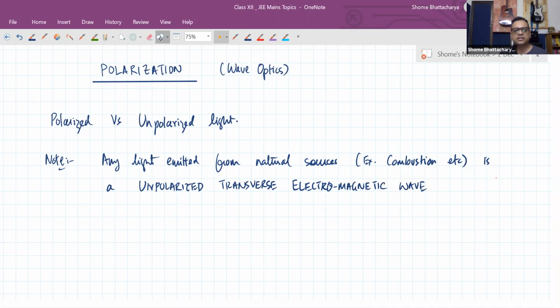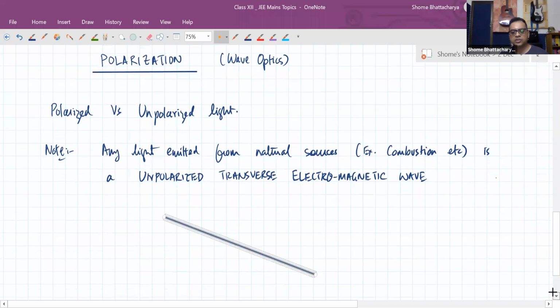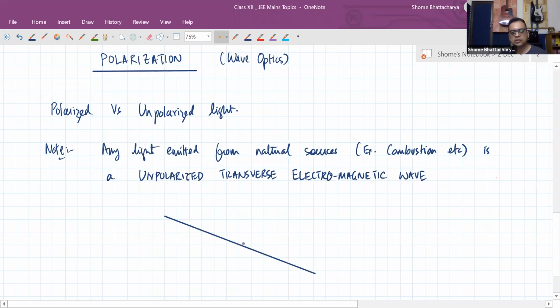So what this means is that if this is the direction of propagation of light, and suppose this is our x-axis, then at any point on the light beam, this is your yz plane, so this is your y-axis, this is your z-axis.